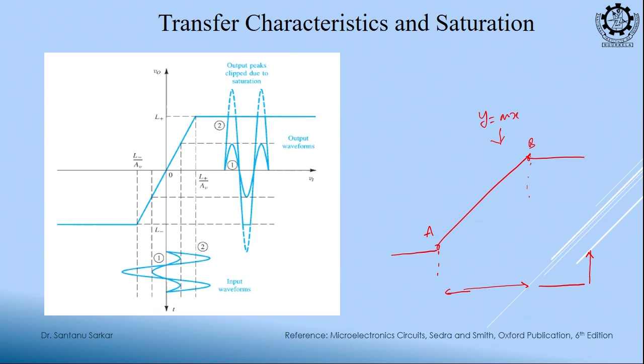So, are they following a linear relationship? If my input voltage crosses this range and gets into this domain, the moment it crosses this, my input is increasing, output is flat, constant, saturated. Where will it go and get saturated?